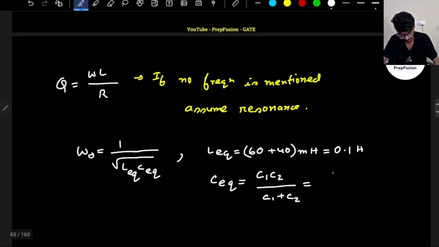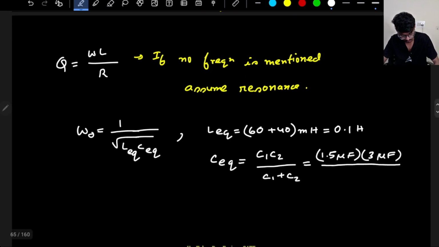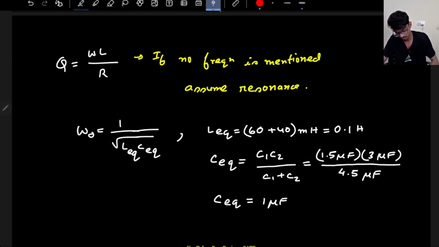So it will be 1.5 microfarad into 3 microfarad divided by 4.5 microfarad. So C equivalent will be equal to 1 microfarad. This is your C equivalent and this is your L equivalent.